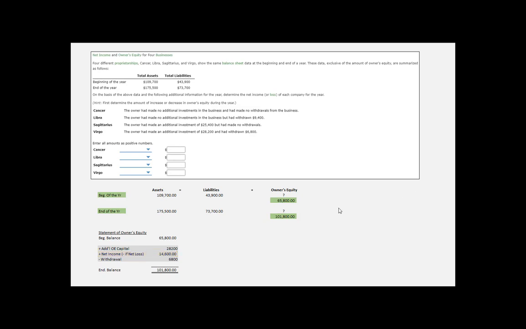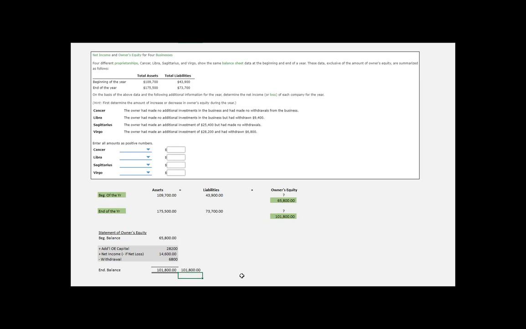Let's check that everything is right. The owner's equity end of year balance $101,800, also shown here. Let's check this number. The ending balance is made up of the beginning balance of owner's equity plus additional funding owner's equity capital plus net income $14,600 minus withdrawal $6,800 comes out to $101,800.